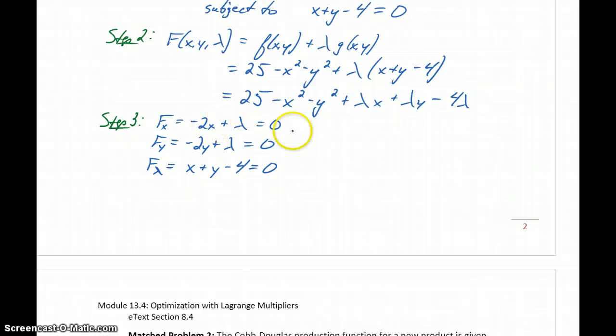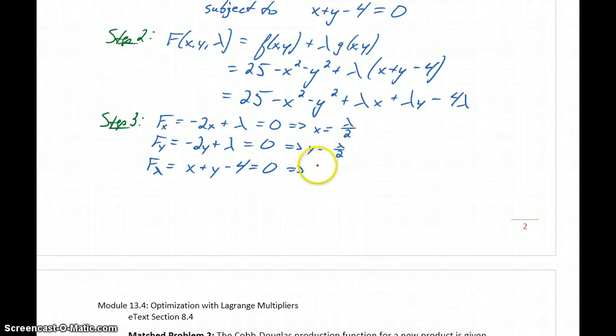So we can take this first equation, solve it for x, to get x equals lambda over 2. We can take the second equation, solve it for y, and in this case we get lambda over 2. So we can take our value for x and y, substitute it in here.